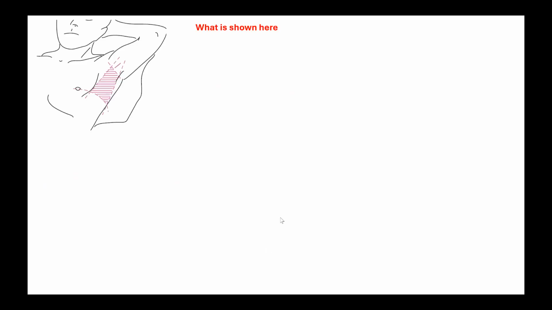What is shown here? Triangle of safety. Safe triangle for ICD insertion. Very good. Name the boundaries of this triangle. It's formed by the medial, lateral, the apex, and the base.